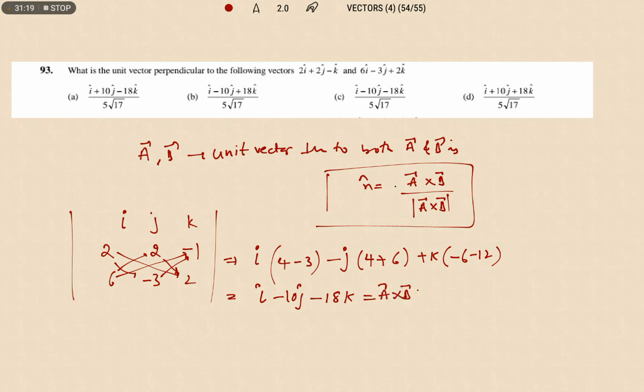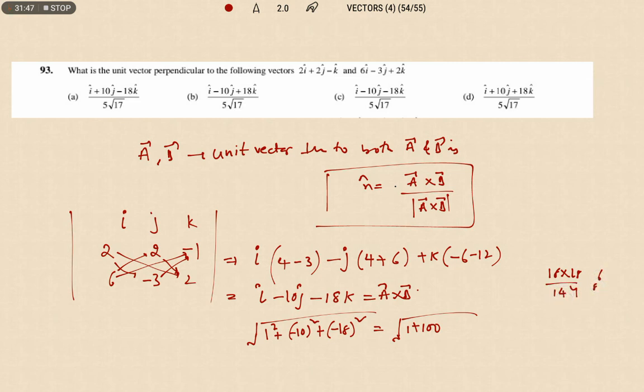Our aim is to find the magnitude of this. So the magnitude of that vector, how do we find the magnitude of the vector? Root of 1 square plus 10 square plus 18 square: 1 plus 100 plus, what is 18 square? 18 into 18, 324.